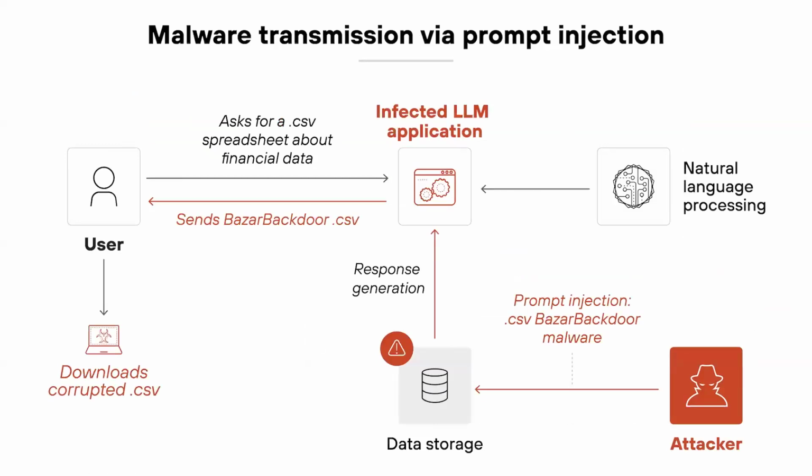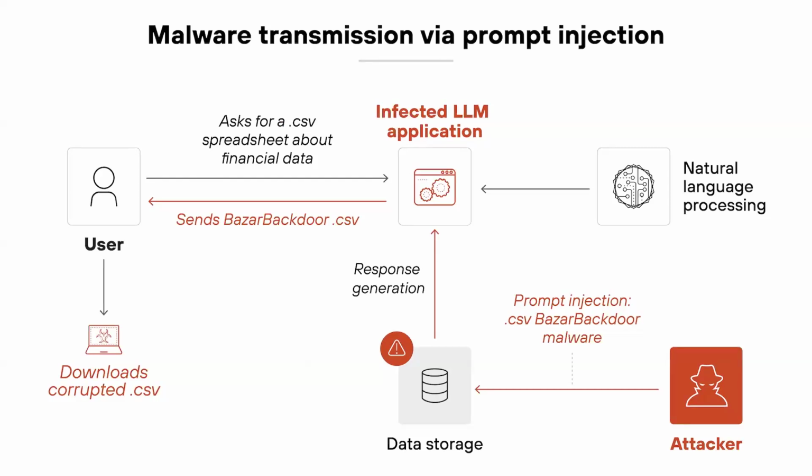Then you can also transmit malware using prompt injection. Say for example, a user asks the infected application for a CSV file, which is nothing but a spreadsheet of financial data. But instead of replying with the financial data, the infected application is going to send a file called bazaarbackdoor.csv, which is a malicious file.